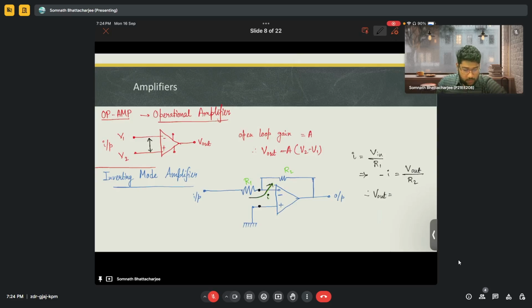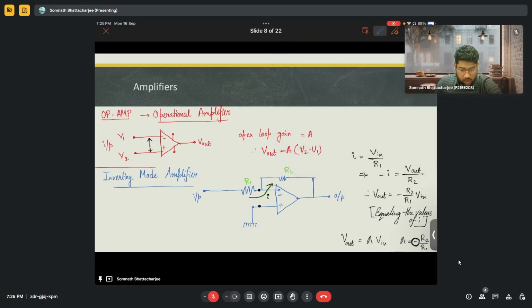The value of V out will be minus R2 by R1 into V in, where we are just equating the values of I. As we can see, the gain factor is nothing but R2 by R1. There is a negative term, so that's why we call this an inverting amplifier.